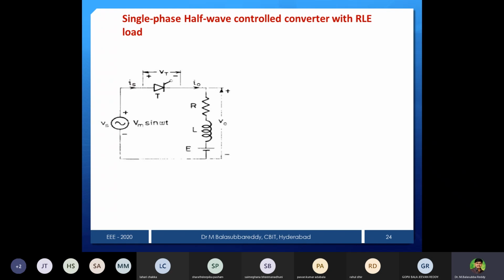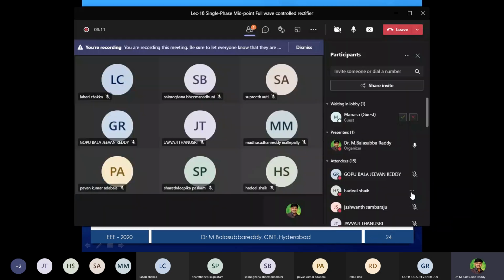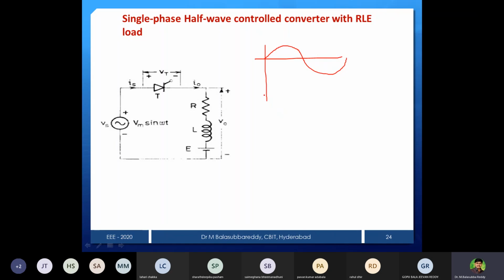Now this is the circuit. We started with R load yesterday, and then we added L. One thing we noticed: with the supply, for the R load the waveform looks like this.